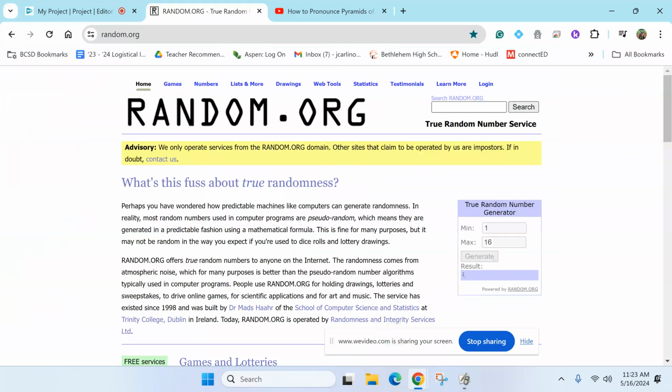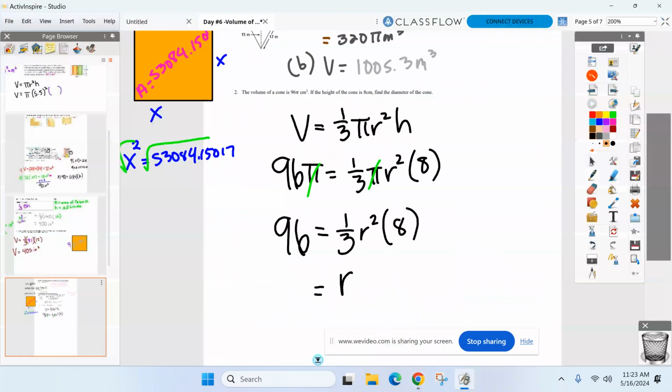Radius length, Amy? Oh, thank you. Yeah, 6. So now double it. We know the diameter is 12.